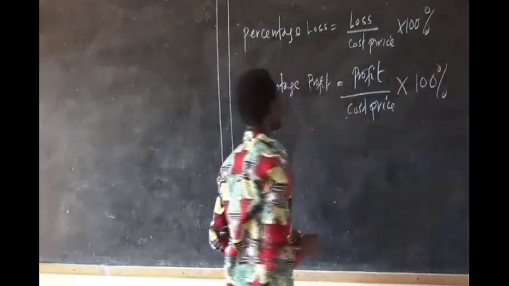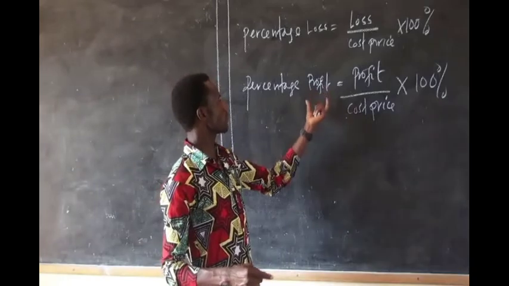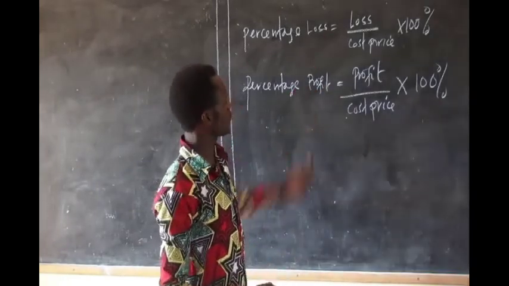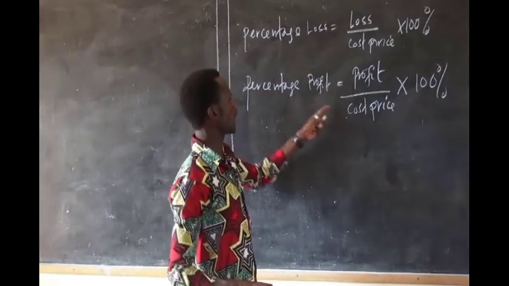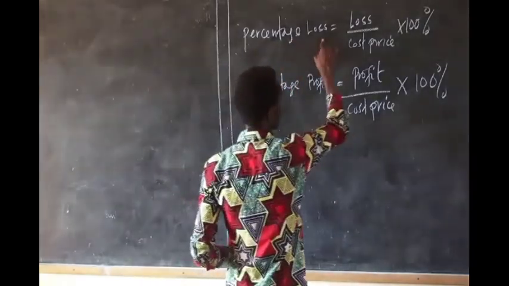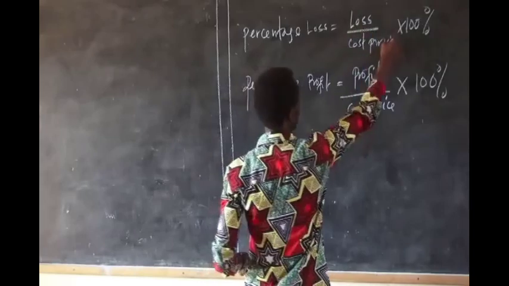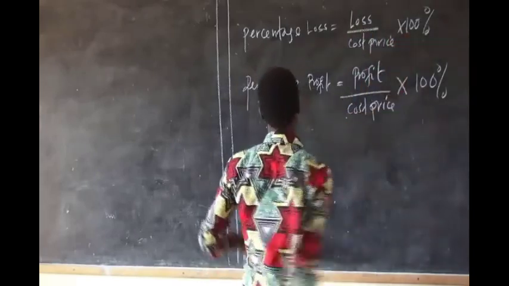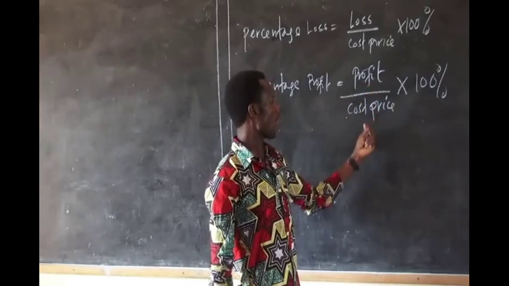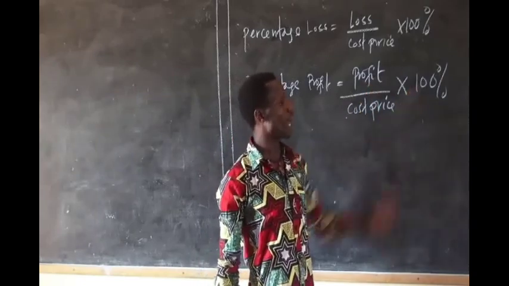So we can express both profit and loss as a percentage. This is the way we express them. The percentage loss is equal to loss over cost price times 100%, and the percentage profit is equal to profit over cost price times 100%.